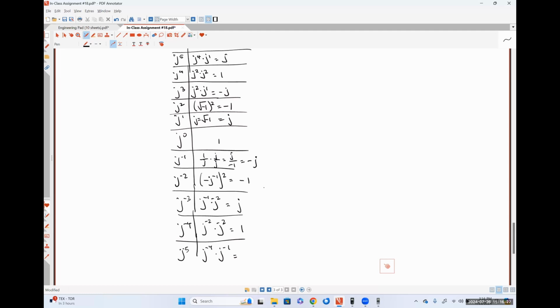So that's 1 times negative j, which is negative j, and so on and so forth. So if you have a power that's too negative, just add 4 to it over and over until it's between -3 and +3, and then your calculator should be able to handle it.